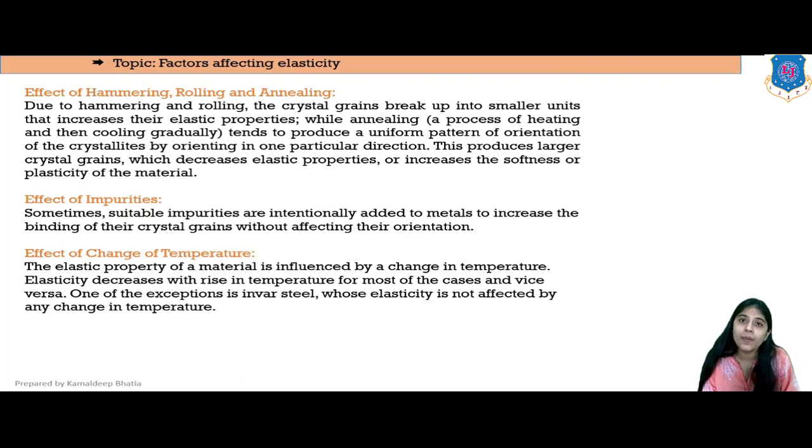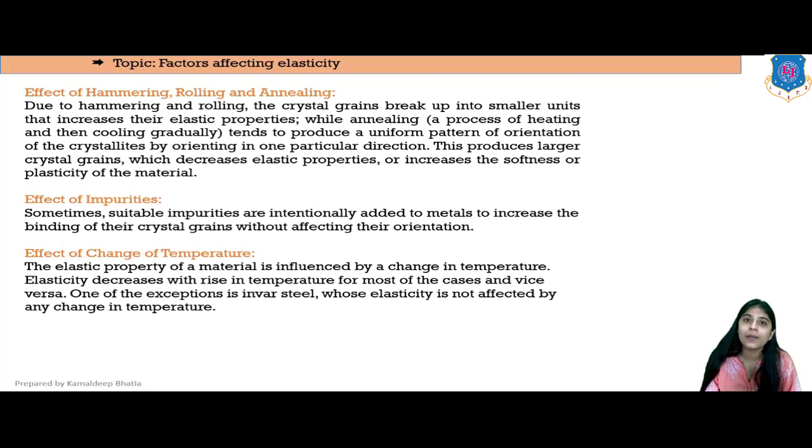Some impurities are intentionally added to metals to increase the binding of their crystal grains without affecting their orientation. For example, carbon is added into molten steel and potassium is added in gold to strengthen their elastic properties.